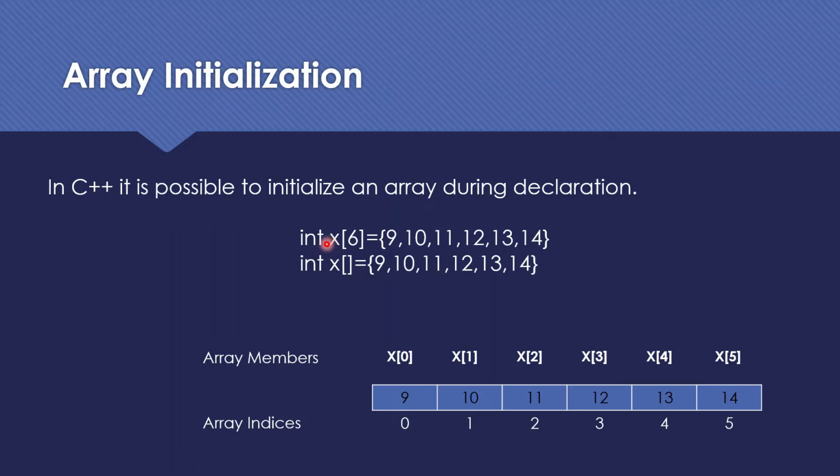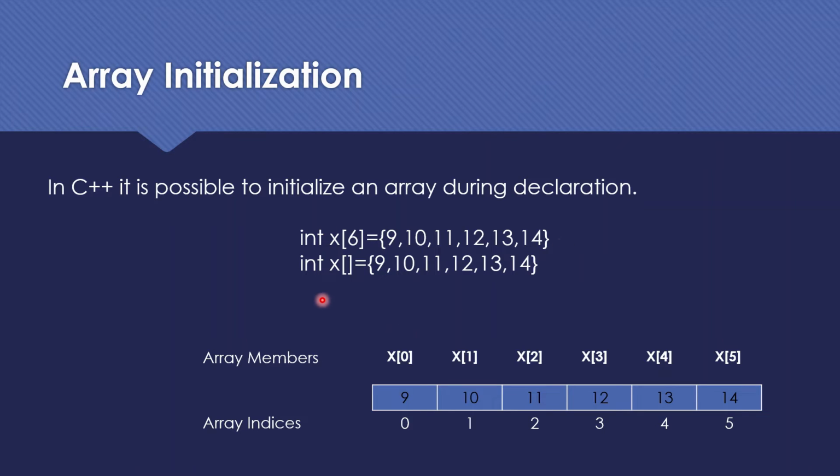After stating the data type, the array name and the array size, we put an equals sign and the data which we are going to enter into our array, separated by commas within curly brackets, and this is known as array initialization.